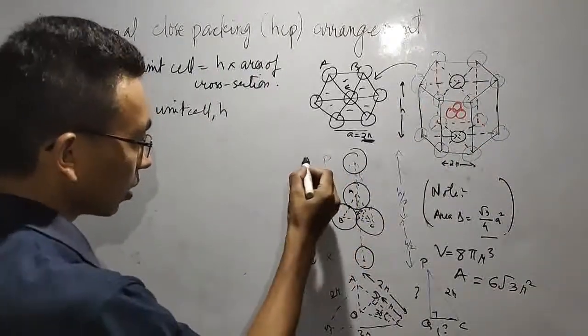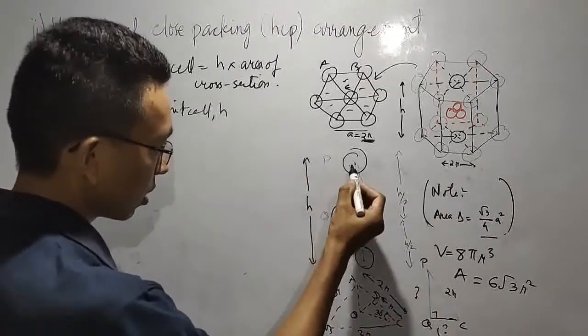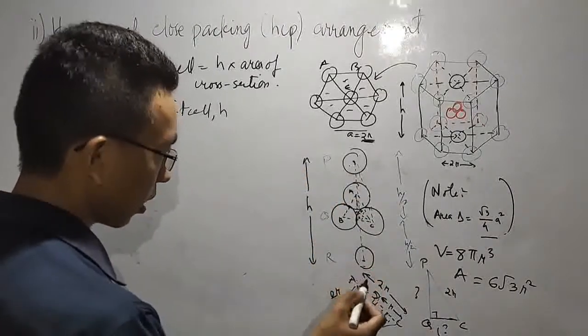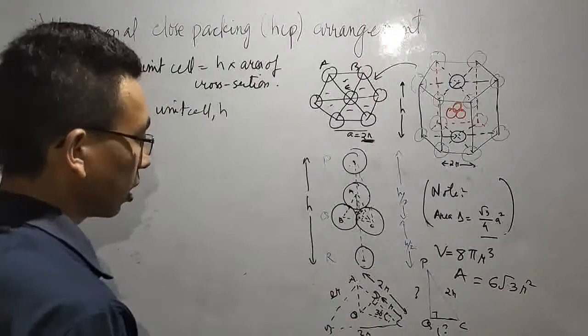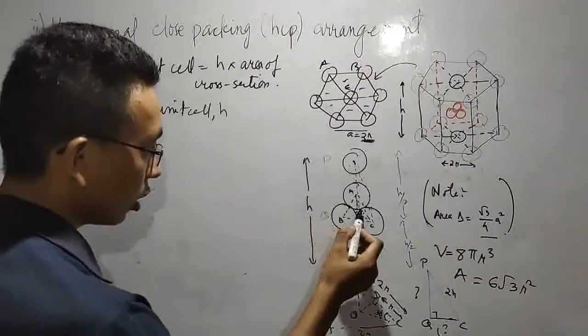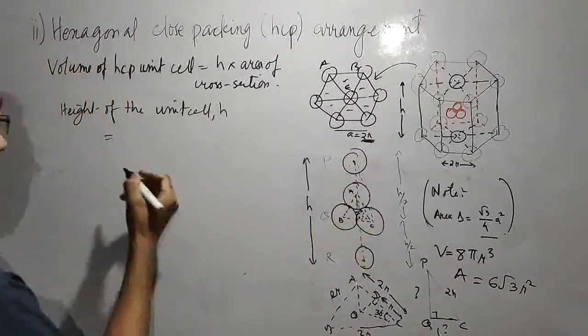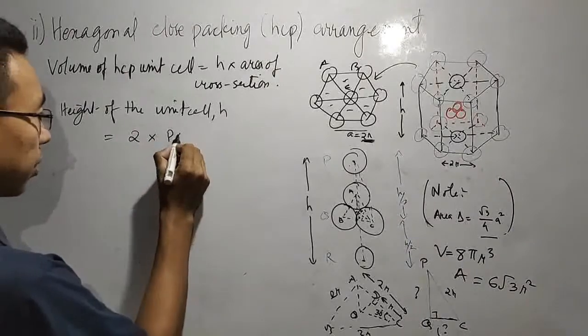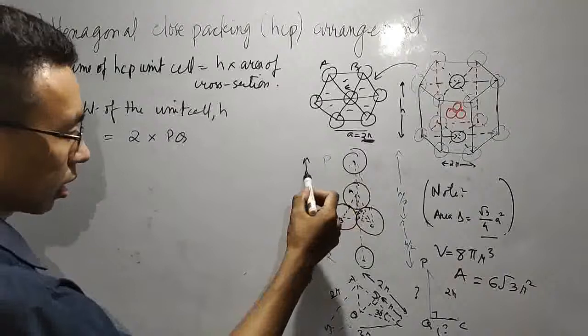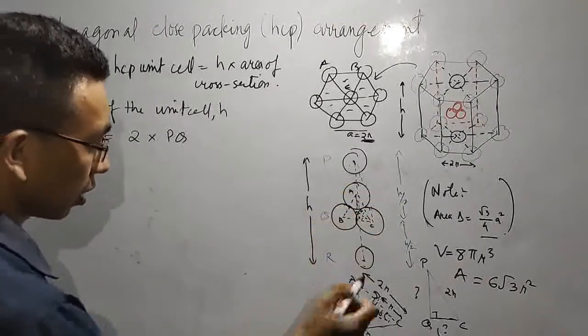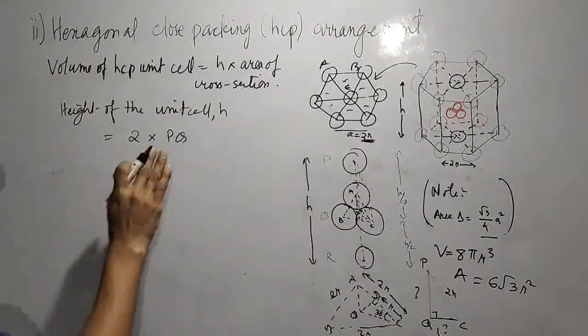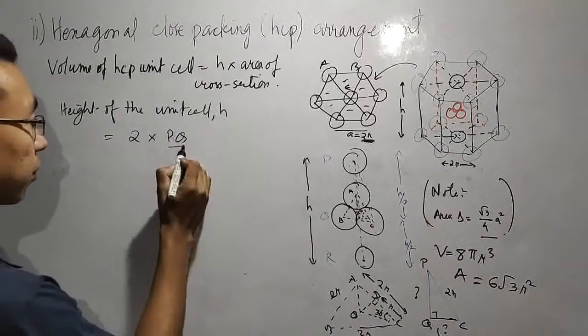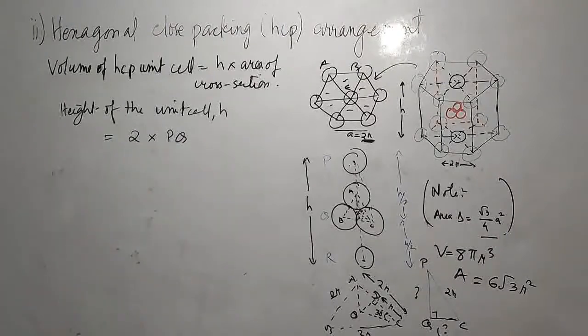And we know that this is the height. Say point P, point R, P to R is H, and Q is the midpoint of PR. Then we can write height is equal to 2 times PQ, isn't it? Therefore we have to find out the value of PQ, and we have to represent it in terms of r.